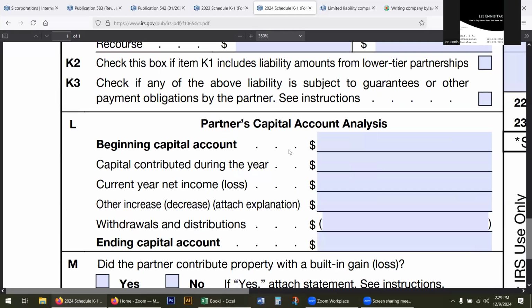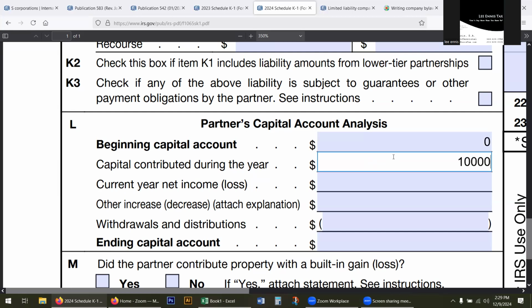And that brings us to the capital account analysis. And again, this is going to be on every K1 every year for a partner involved in a partnership. Okay. It's going to show the beginning capital account. So let's just say you're a brand new partner and you just started with these people, right? So your beginning capital account is going to be zero.